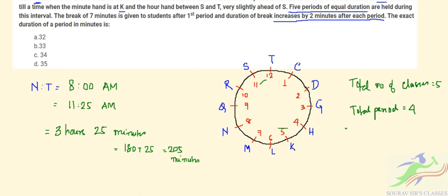The first is given as 7, so the next break will be of 9 minutes, then 11 minutes, and finally 13 minutes. 4 breaks will be there, so it comes to about 40 minutes.